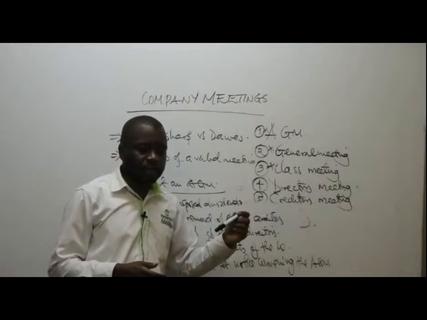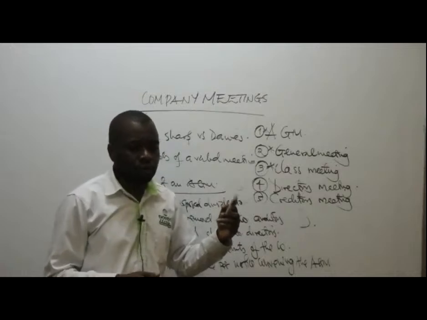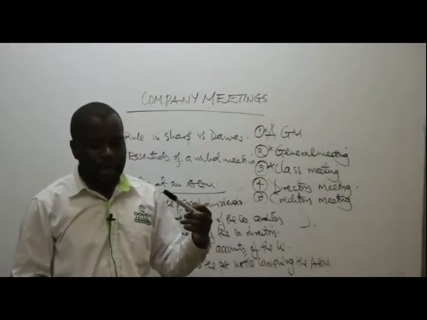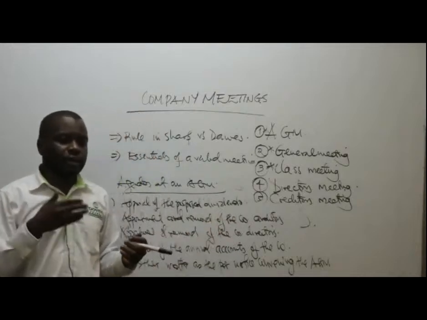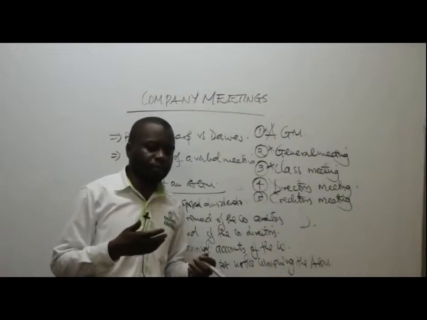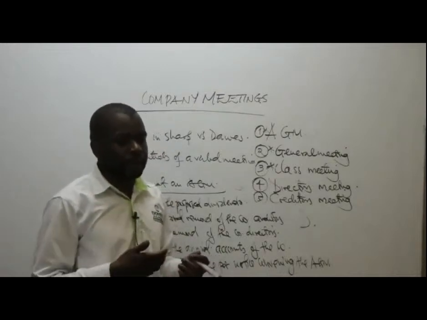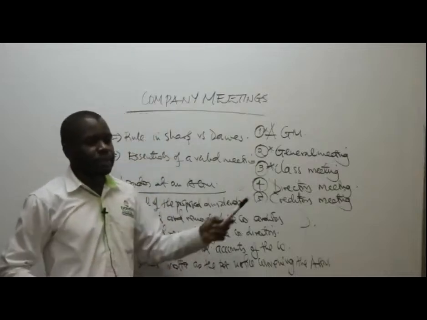Pressing matters can't wait for the AGM to happen, so the company can convene what we call a general meeting and discuss and resolve these matters. Any other meeting in a company which is not an annual general meeting of the members will be termed a general meeting of the company.